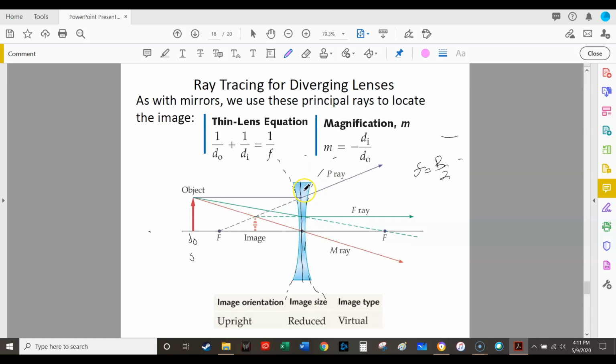With diverging lenses or double concave lenses, the image will always be upright, reduced in size from the object, and virtual.